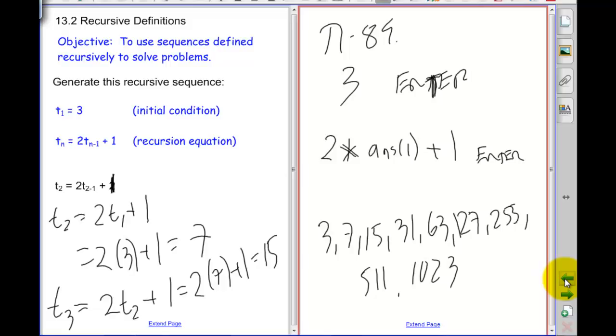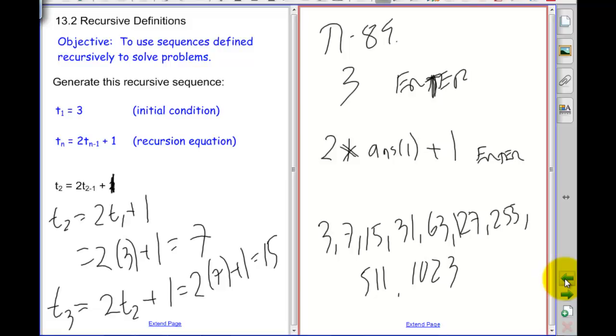Yes, you have to be given both parts of a recursion in order to generate a sequence. Yes, questions? Not working? You're not putting any in? 2 times the answer. You actually have to put that in there.